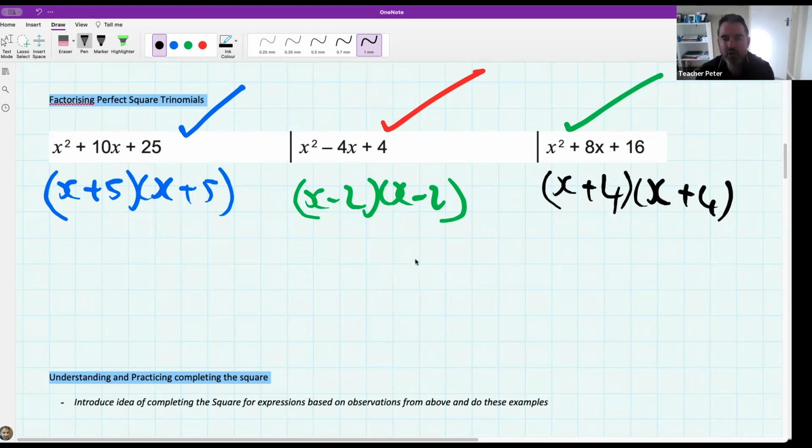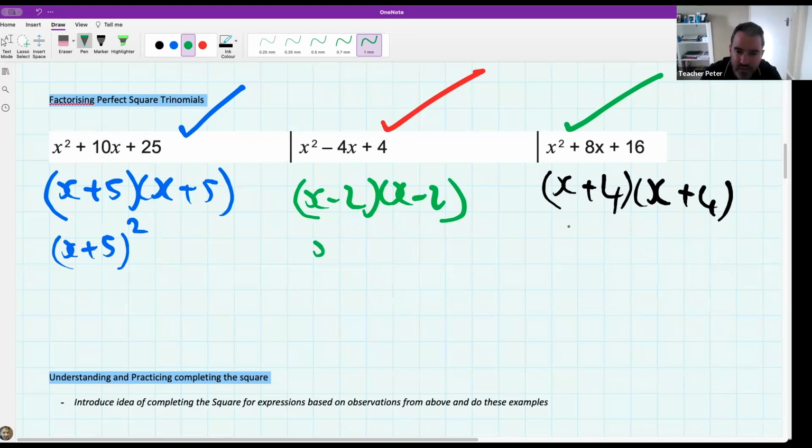What do you notice in all three of these trinomials in terms of factorizing them? What do you notice in terms of all three? Same sign and values.